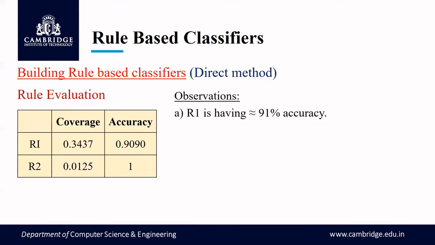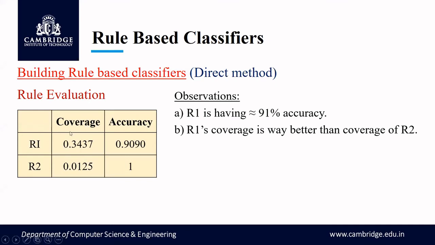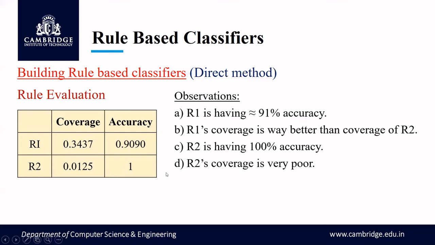Here R1 is having approximately 91% accuracy. That's true. Comparing the coverage of R1 with R2, R1's coverage is way better than the coverage of R2, right? The coverage of R1 is 34%, whereas R2's coverage is only 1.25%. Correct. Then what is the next observation? R2's accuracy is 100%, but the coverage of R2 is very, very poor because it is only 1.25%.